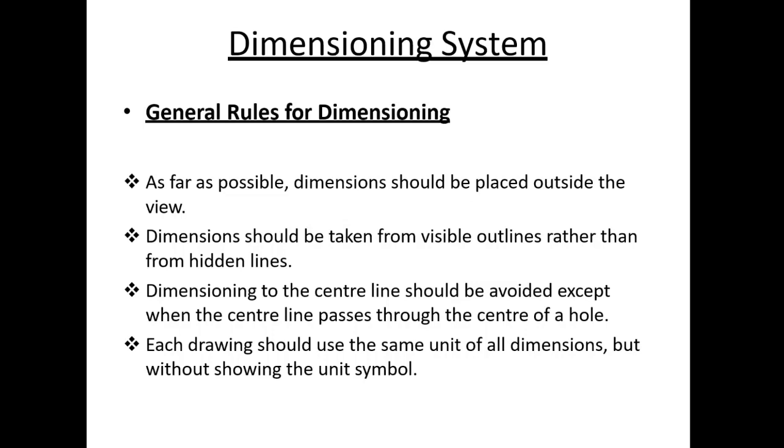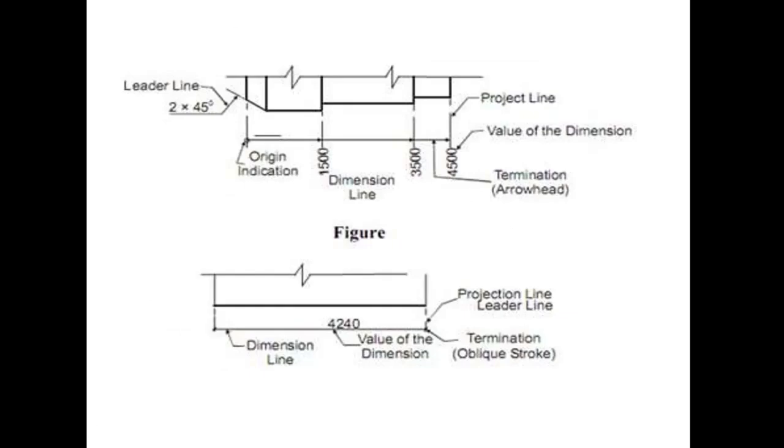Okay. The fourth rule is each drawing should use the same unit for all dimensions. In the figure, see 1500, 3500, 4500, its unit is mm. So the unit of all the dimensions should be one only. It should not be that this is 1500 mm, then this is 350 centimeters.